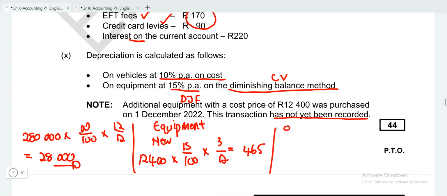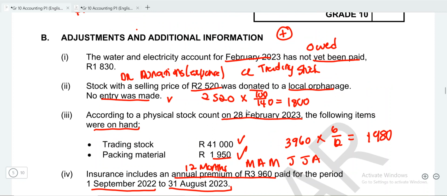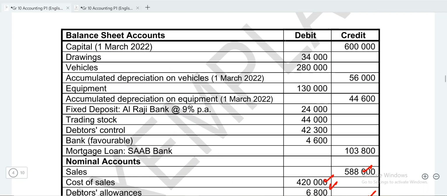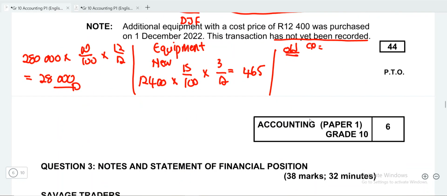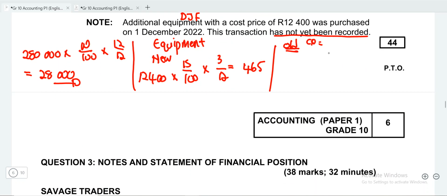Now for the old ones, we must get the carrying value first. According to the information that we're given, the cost price for our equipment is 130,000. We must know that so that we don't forget. Then the accumulated depreciation must be subtracted.